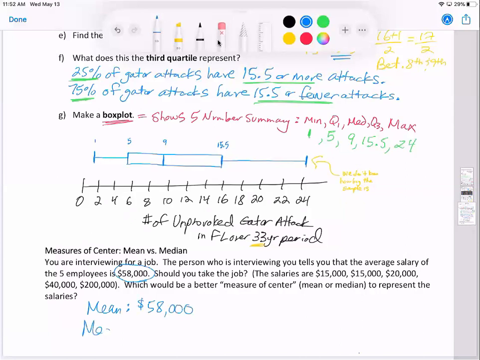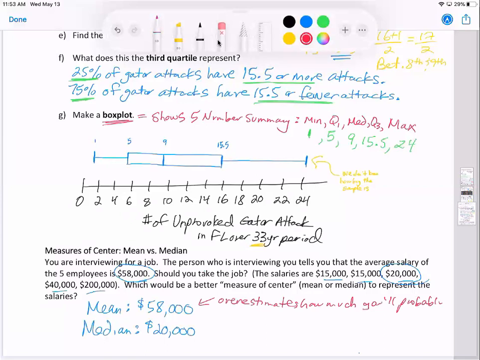What's the median pay? The median is also a measure of center. Well, the median pay would be the middle when they're lined up and they're already ordered for us. So the middle number is this one, 20,000. So should you take the job? Well, the issue is if you're only looking at this, that really overestimates how much you'll probably get paid.